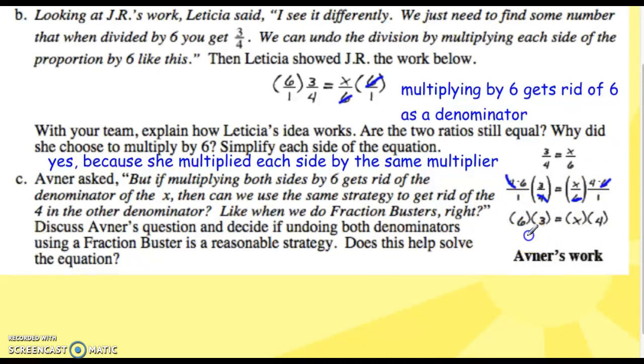So then if I continue his work, I get 18 equals 4x. And then I need to divide both sides by 4 to get rid of 4 as a denominator. And 18 divided by 4 is 4.5, and that equals x, the same as we got before. So that would be a reasonable strategy, and it just helps so that we aren't working with denominators, we are only working with whole numbers.